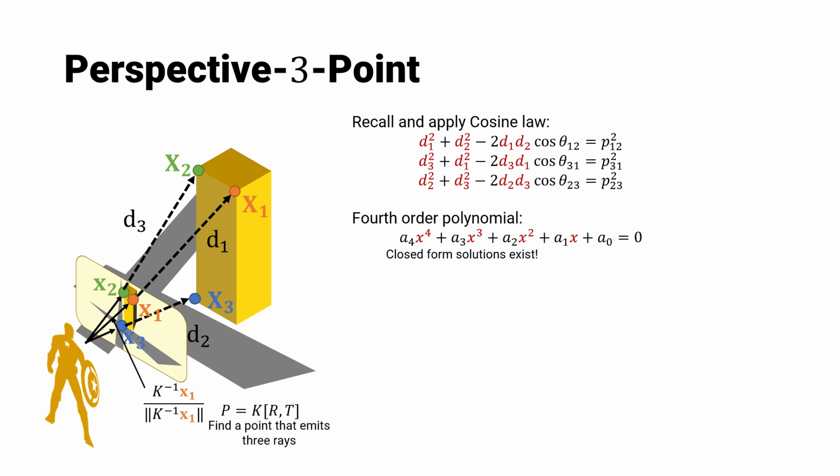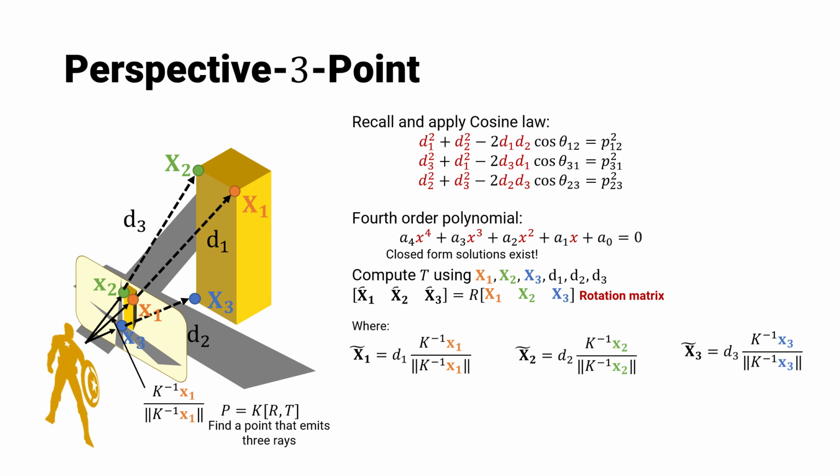So we can basically compute the translation using the three world points and the three distances using the simple formula here, where each of these x tilde values is given by the ray equations, right? And this gives us the rotation matrix. This gives us four solutions, just like what we had seen during the essential matrix decomposition. So what we need is a fourth point to disambiguate, and that is called the P4P algorithm.